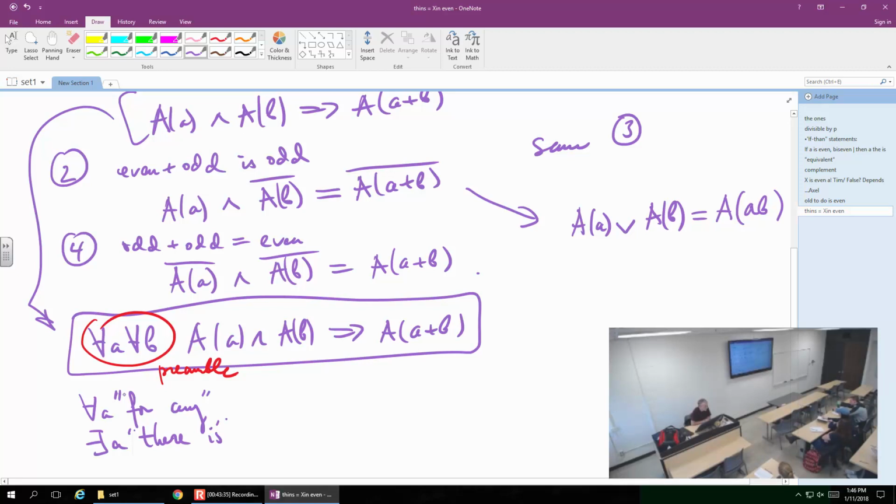An example would be, there is a function that's not continuous. Or, how about this? There is an x such that x squared is equal to 1.